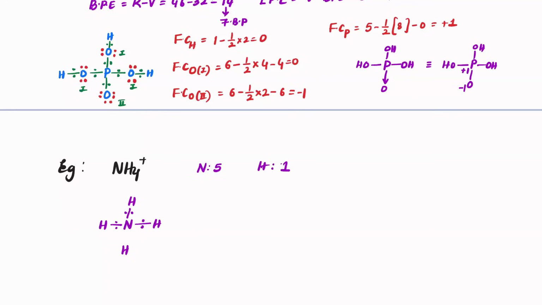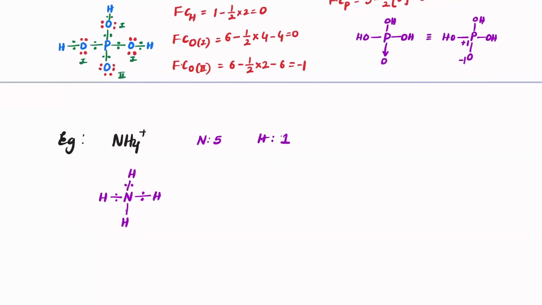Sorry, check. So we have another bond here with hydrogen this way. It appears like nitrogen has completed its octet and hydrogen has also completed its duplet. But since there is one electron missing out of its valence electrons, that's what's supposed to be plus.